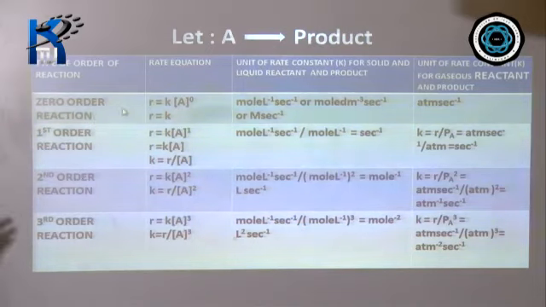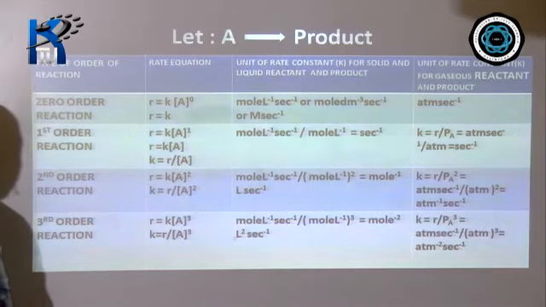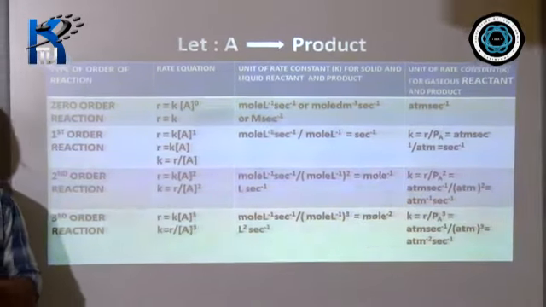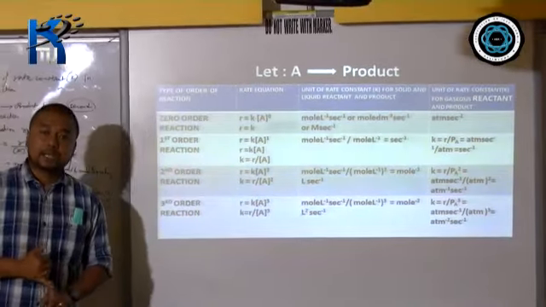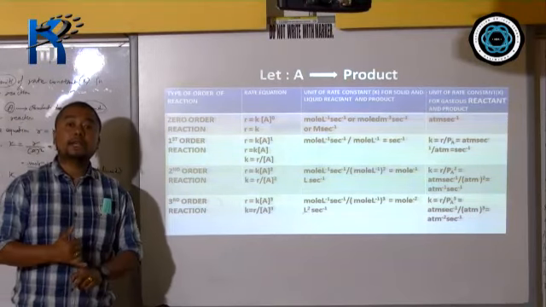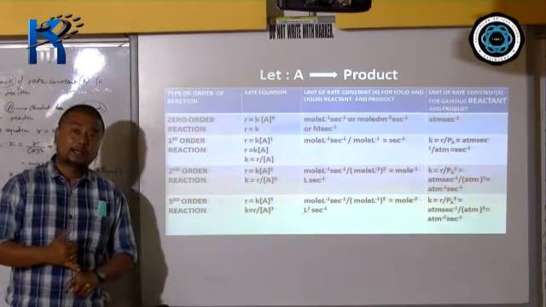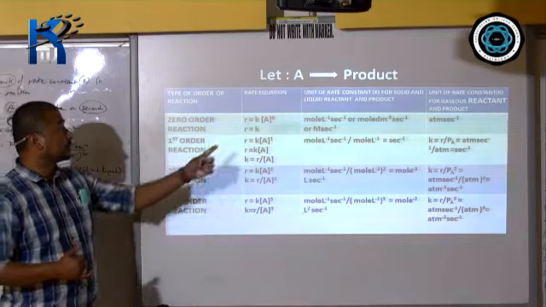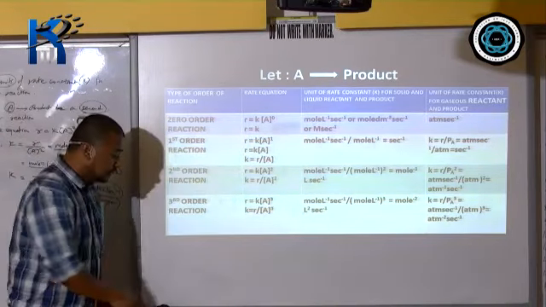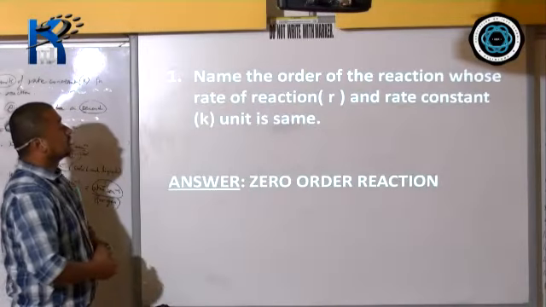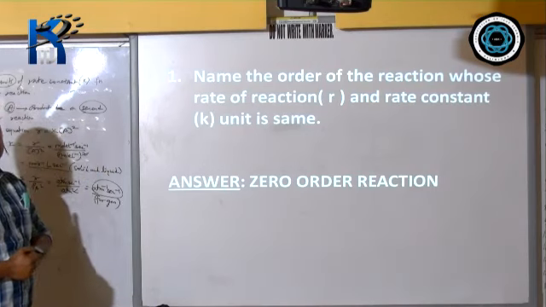So remember two objective questions from here: for which order of reaction the unit of K is same for all three states of matter, that is solid, liquid, gas. The answer is first order reaction, unit is second inverse and dimension is time inverse. And for which order reaction the unit of rate of reaction R and rate constant K is same, from the expression you can say it is zero order reaction. So this is my objective question to you now.